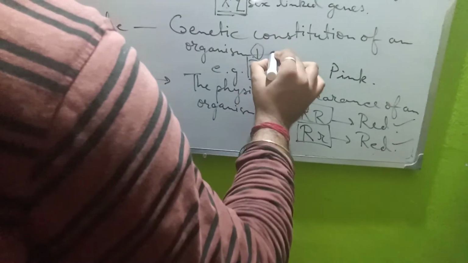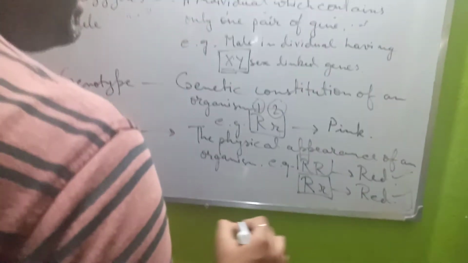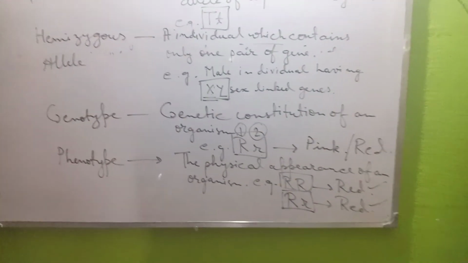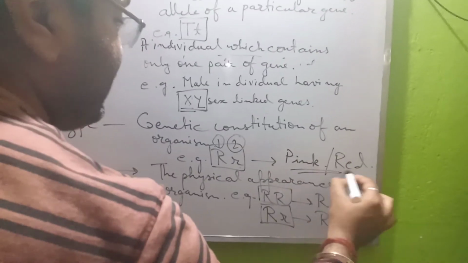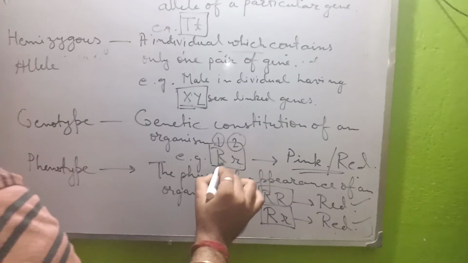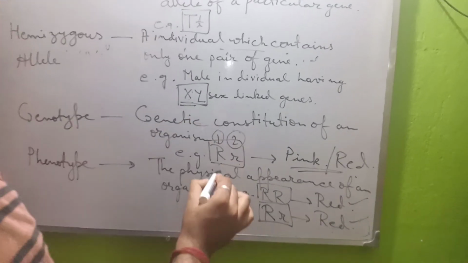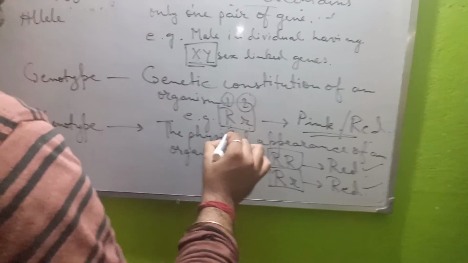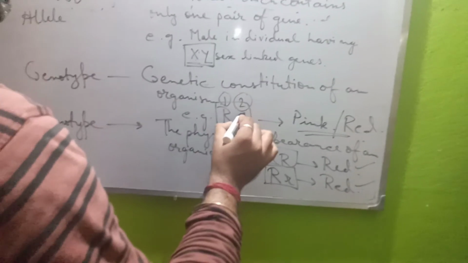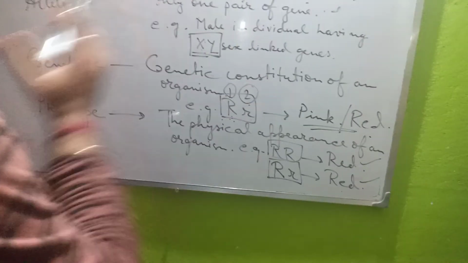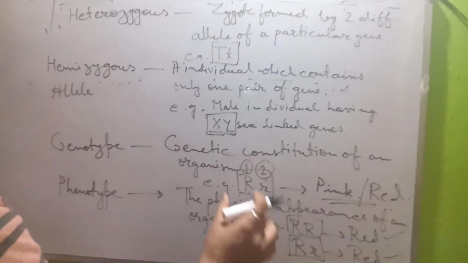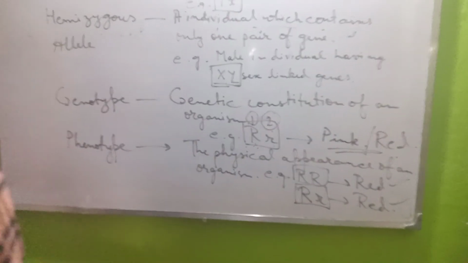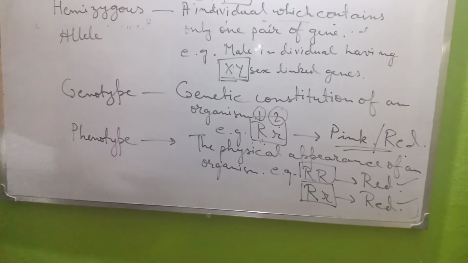This is one allele, this is the other allele, and together it forms a gene, and it is giving either a pink color or a red color. So this is the physical appearance that I am seeing. What I can't see is the genetic constitution. So remember that genes are nothing but the combination of two similar types of alleles coming from the same parent, or two different types of alleles coming from different parents. This is what we call phenotype and genotype.